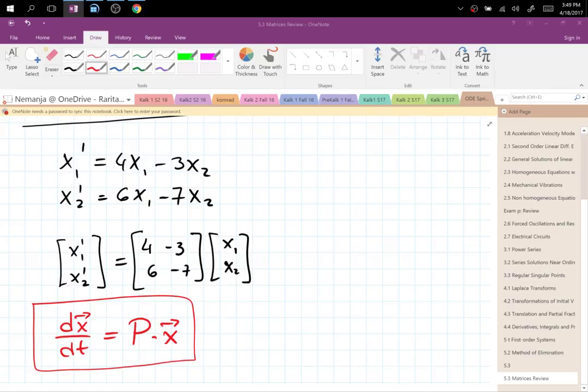So you can transform any of these systems. Now you know how to solve this, hopefully, using the exponential method of elimination, right? So if you are to solve using a method of elimination, you would get your solutions.